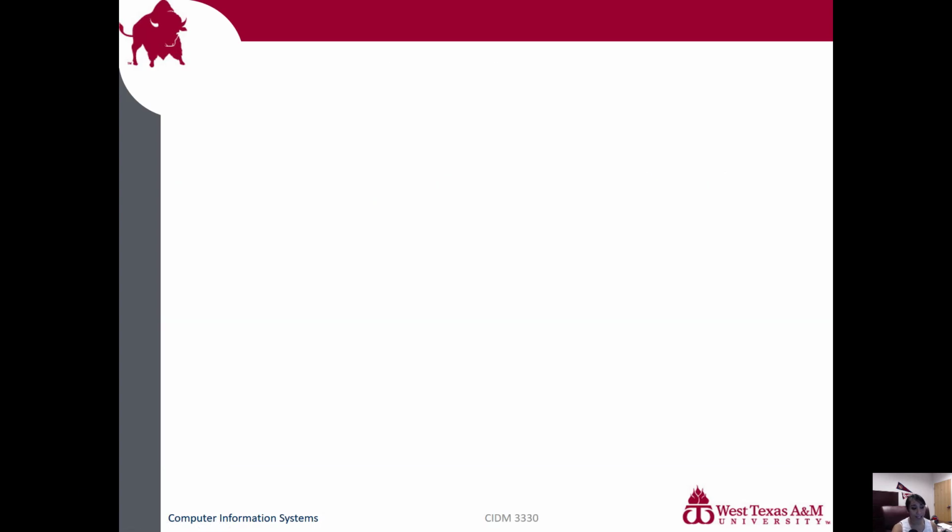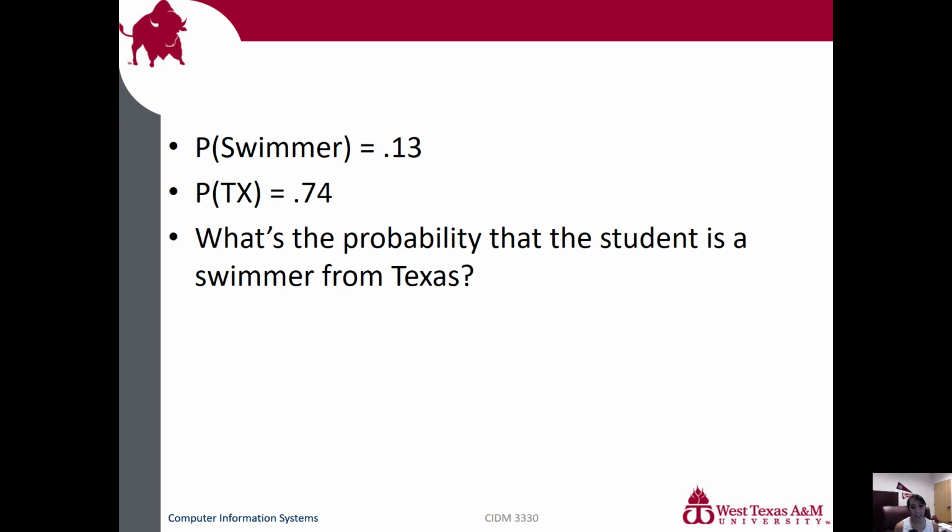Let's say I polled my class and I find that the probability that a random student is a swimmer is 0.13. And I also ask where my students are from, so the probability that my student is from Texas is 0.74. Now I want to know, what's the probability that the student is a swimmer from Texas?